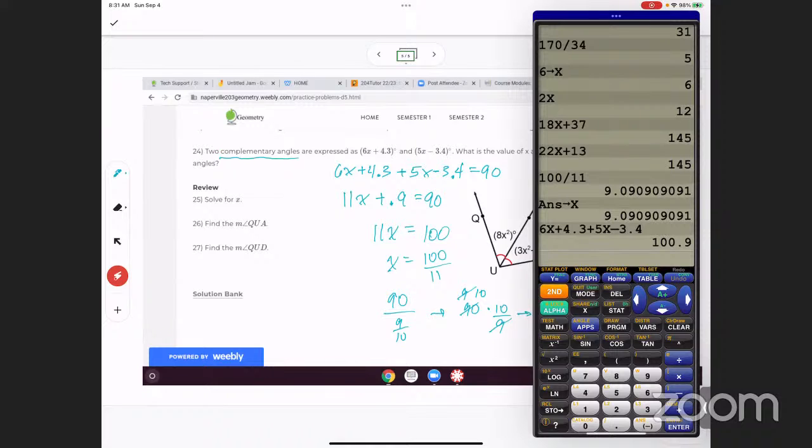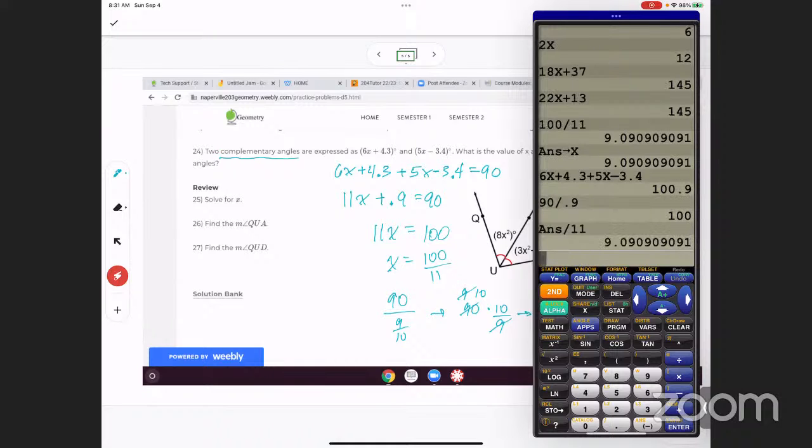Let me see. 90 divided by 0.9 is 100. Did I type in 100? Yeah, 100 divided by 11, right? That's correct. It should have worked. I don't know why this didn't.